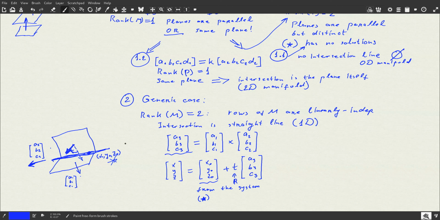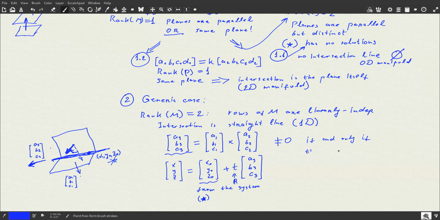So it is pretty easy to find the direction of our intersection line. It is slightly more involved to find any single point it passes through, because it still requires solving a linear system, but in that case, the system would be a very simplistic 2x2 one. And obviously, this vector a3, b3, c3 is not 0 if and only if we are in the generic case.